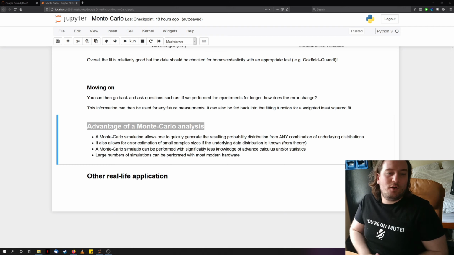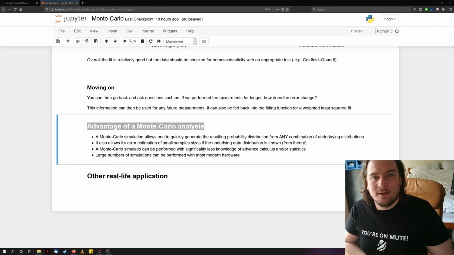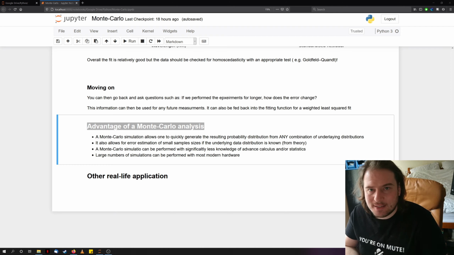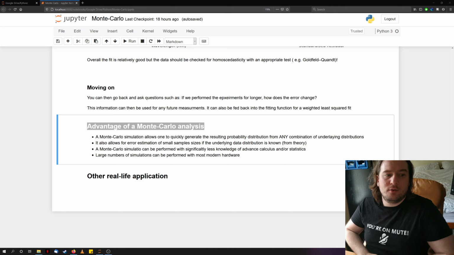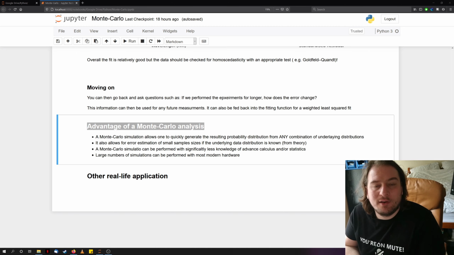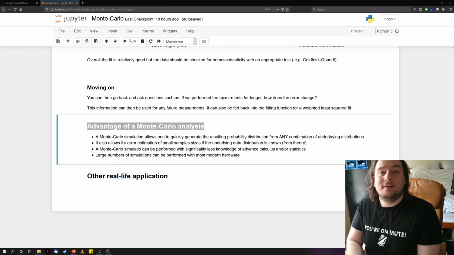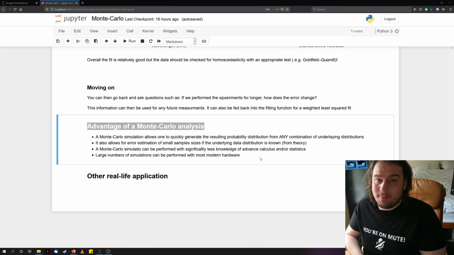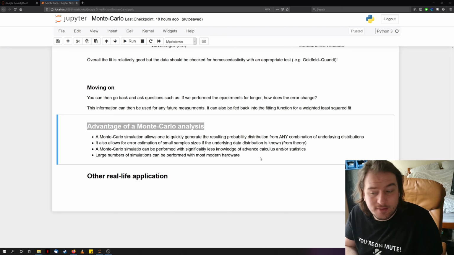Some of the maths involved in generating distributions and error propagation requires quite advanced knowledge of statistics and calculus, but a Monte Carlo simulation can be done by anyone who understands basic calculus and statistics and knows how to program. And another good thing is that large numbers of simulations can be performed with even modest hardware. Even on laptops, you can perform millions of simulations to get your overall distributions.